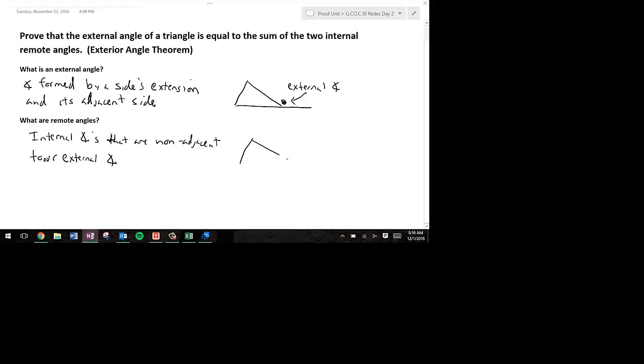In my same picture, that's my external angle. Here and here, those are my remote angles, there and there. So those are the definitions that we're going to use moving forward.